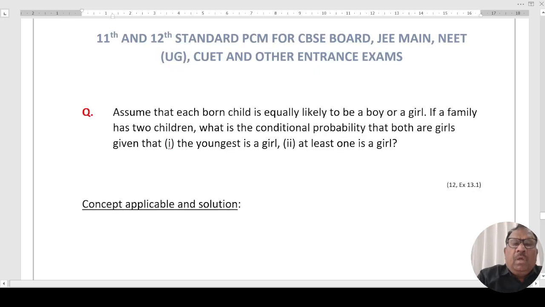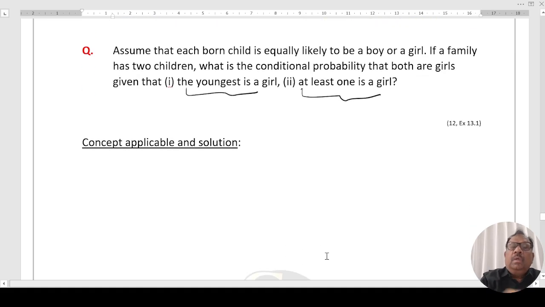The question is: assume that each born child is equally likely to be a boy or a girl. If a family has 2 children, what is the conditional probability that both are girls, given that the youngest is a girl, part 1, and part 2, given that at least one is a girl. What will the sample space be? Boy boy, boy girl, girl boy and girl girl. Right.